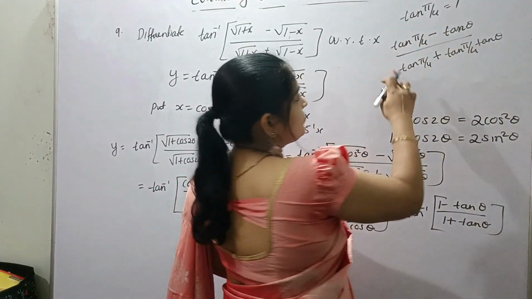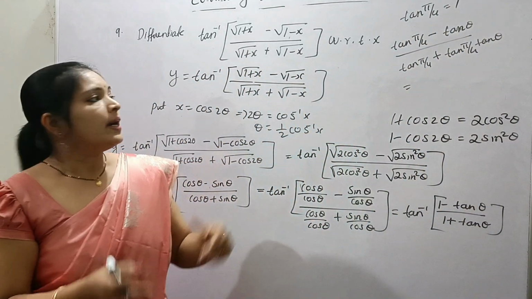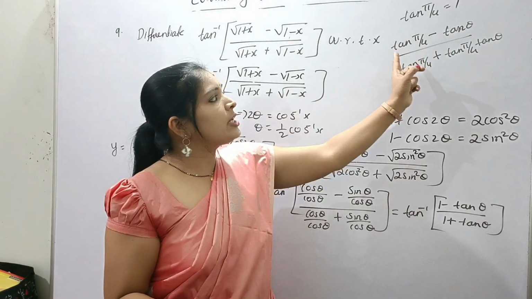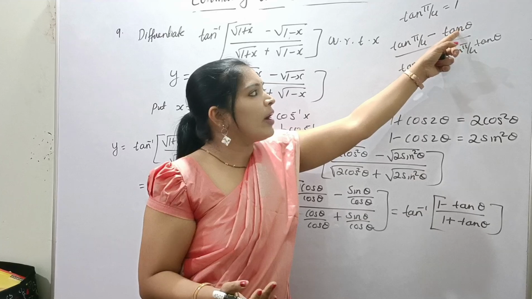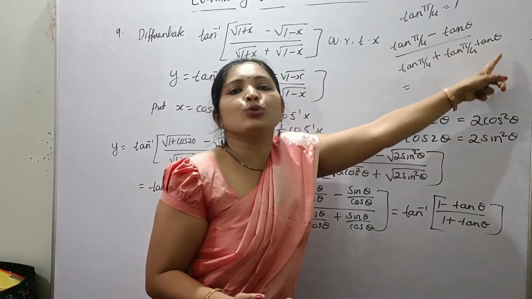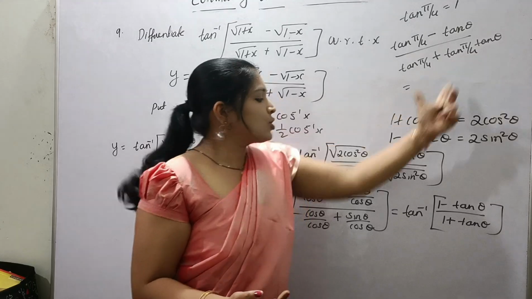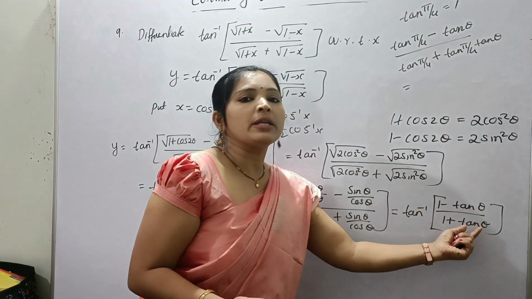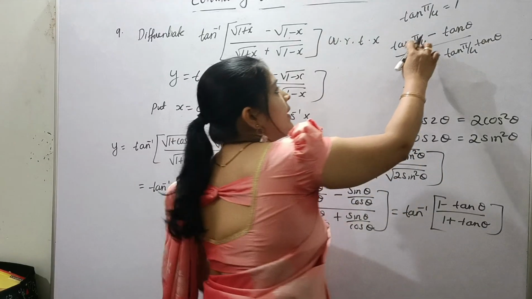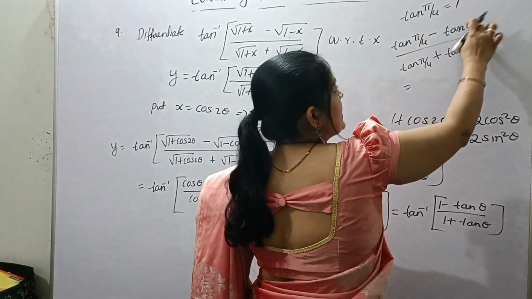So what is this one? We have an identity: tan of x minus y is tan x minus tan y divided by 1 plus tan x into tan y. Okay. So here this one can be written as tan of pi by 4 minus theta, where x is pi by 4 and y is theta.